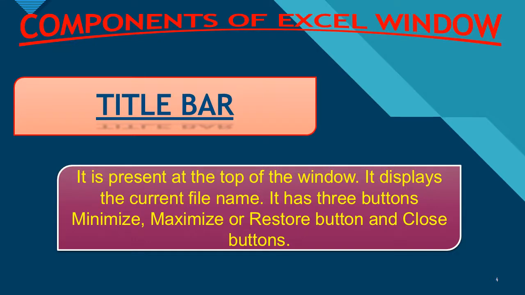The title bar has three main buttons, that is minimize button, maximize or restore button, and close button. Minimize button hides the Excel window from the screen. Maximize button enlarges the Excel window, whereas the close button closes the Excel window from your desktop screen.